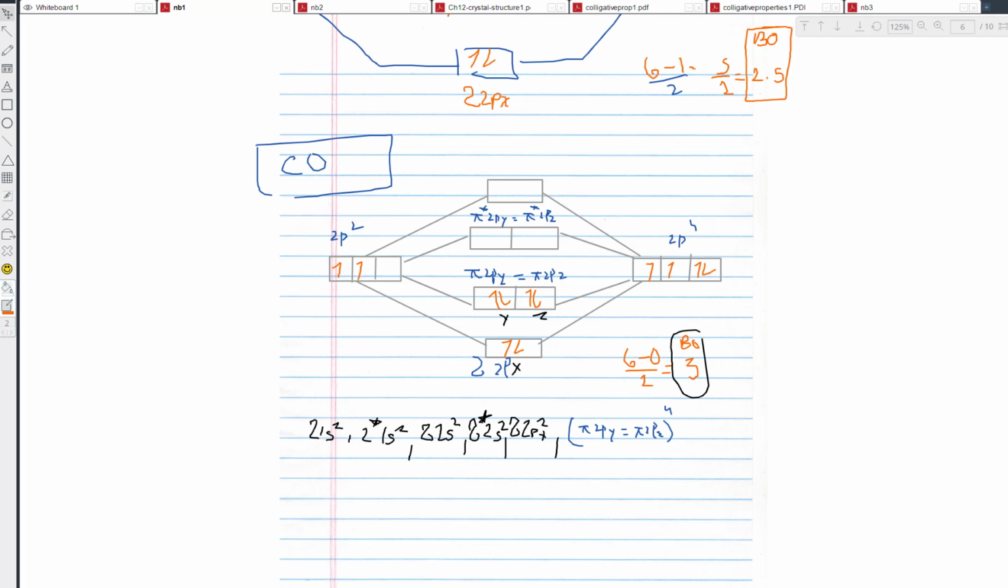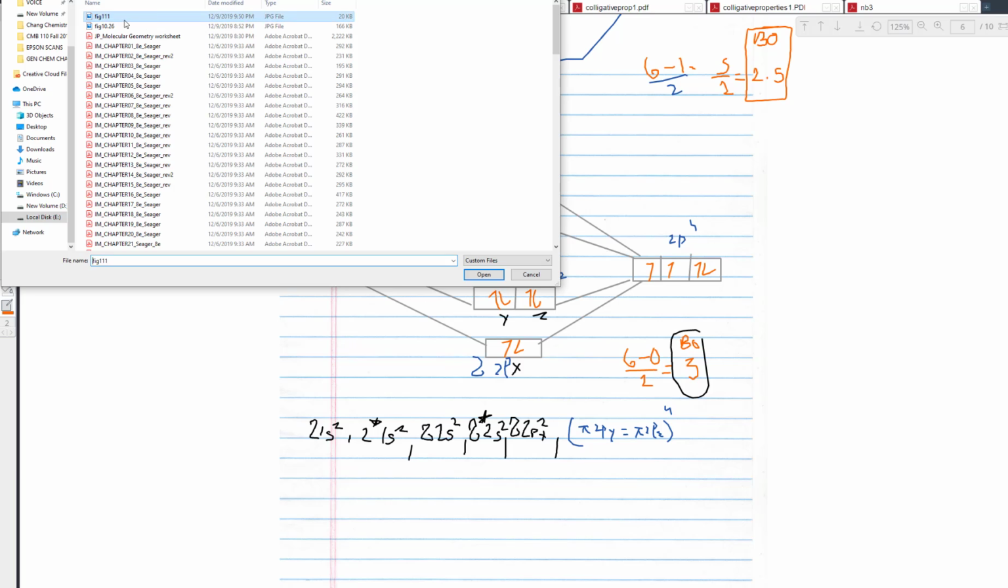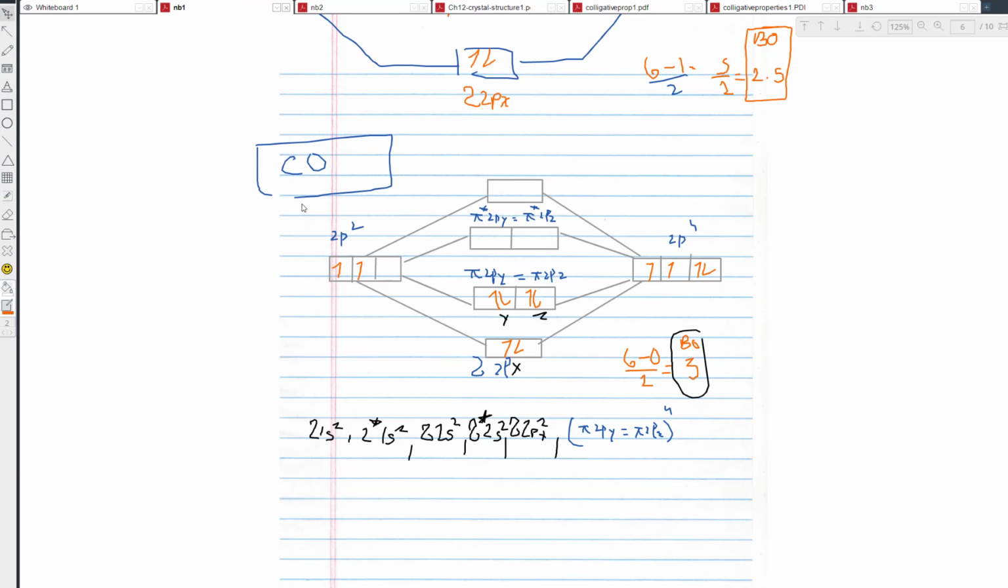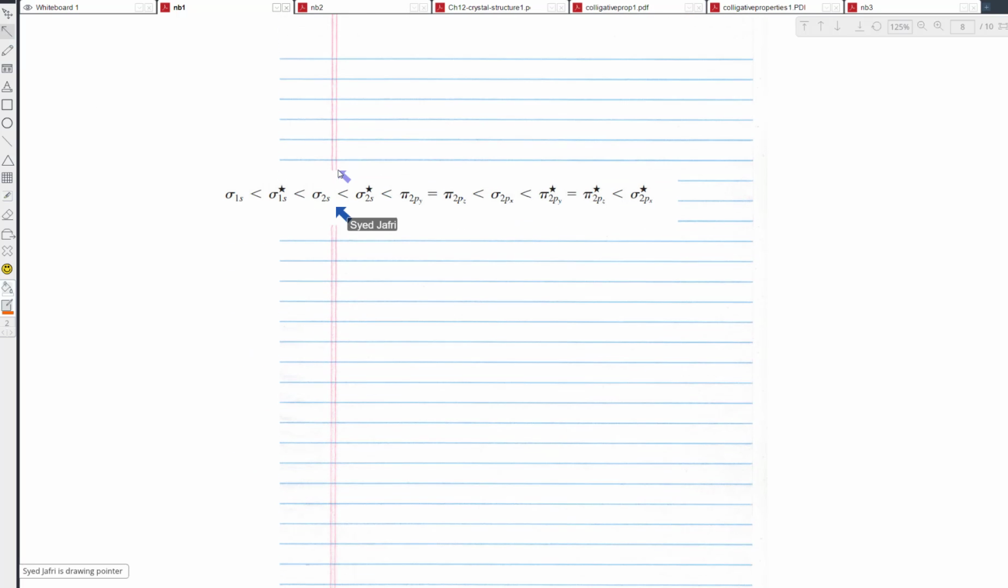You can put 2, 2 also, 2py2 and 2pz2. Oh, it's here. Okay, they are showing. They are not putting the parentheses, but at least they are putting an equal sign. Can you see this?